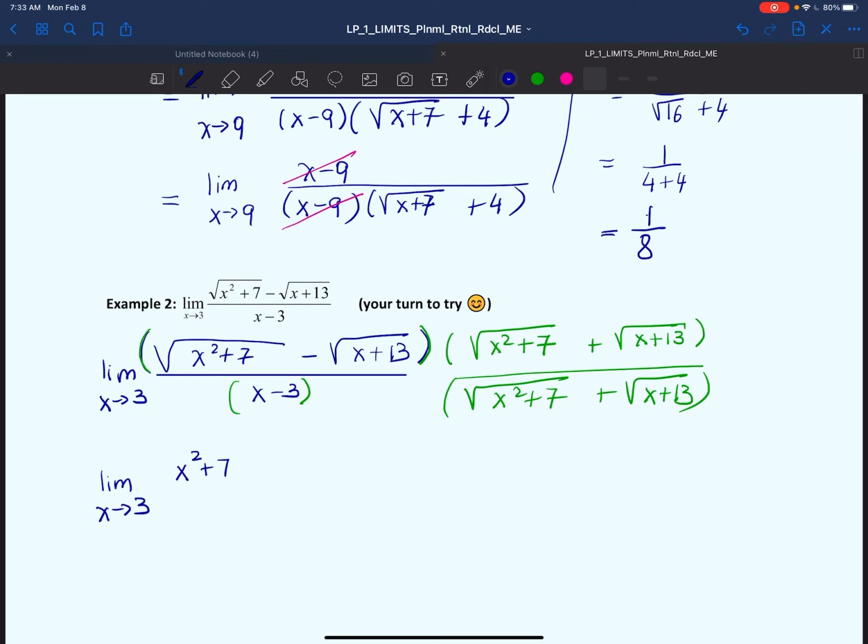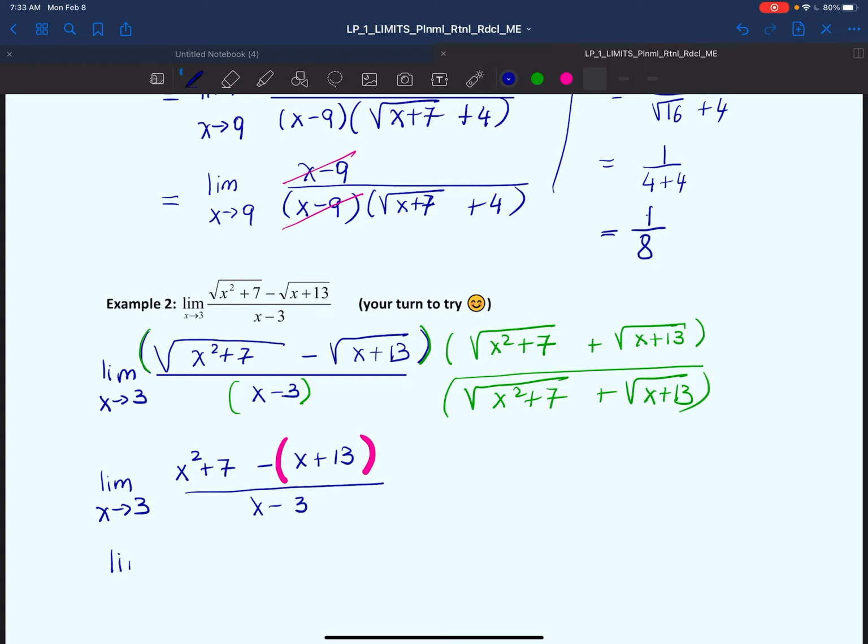X squared plus 7 minus x plus 13. Now, be very careful that here you have a minus and you got a binomial from x plus 13 squared, right? This is going to need brackets, so I'm going to make this with thick brackets as a reminder for us. And then over x minus 3.